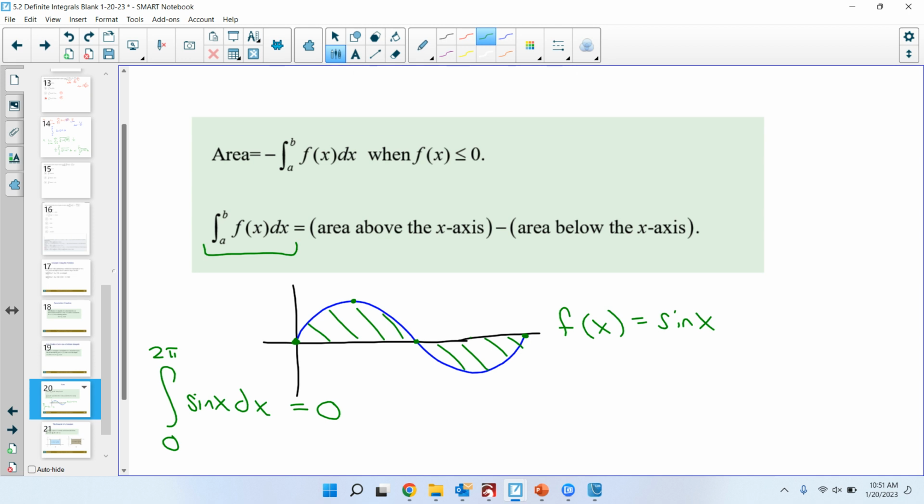Velocity is negative, getting more negative. Velocity is negative, getting close to 0. What was my displacement? 0. Okay. This is a displacement argument right here. The area under a velocity curve is your net area. It means displacement.